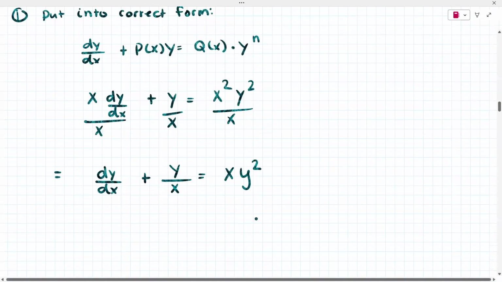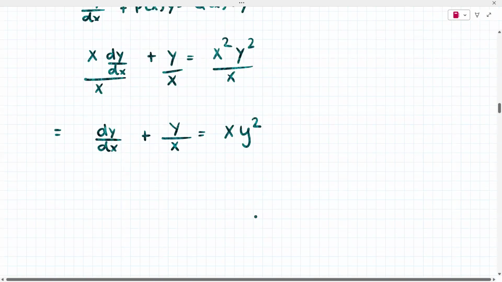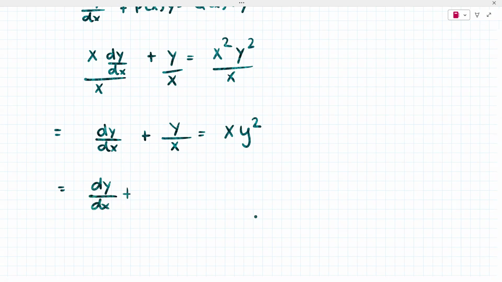Okay, now we have it in the correct form. Or actually, let me rewrite this y over x as 1 over x times y. That'll make it so much easier. Now we have our p of x, our q of x, and our y to the n.